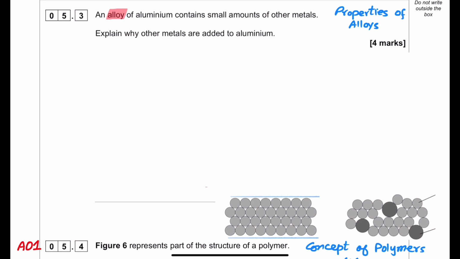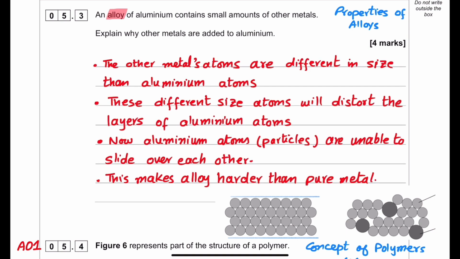Let's see the model answer. The other metal atoms are different in size than aluminium atoms. If we consider this one is our aluminium and we added the impurity, the size of the atoms is different to the size of the aluminium atoms.